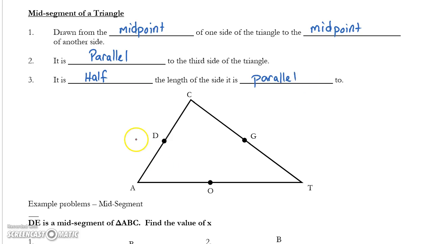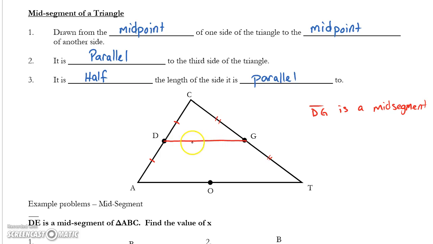So, if in this diagram here I know D is the midpoint of segment AC, I would mark it this way. If I know G is the midpoint of segment CT, I'd mark it this way. Segment DG is a midsegment. And we know a couple of things.